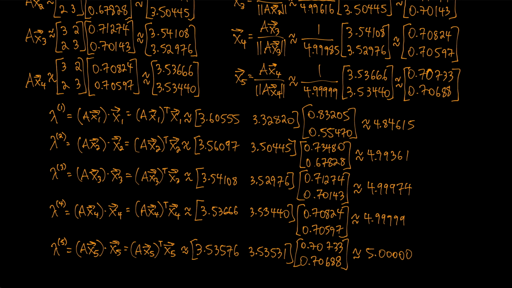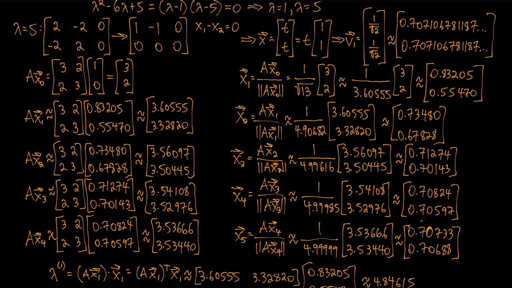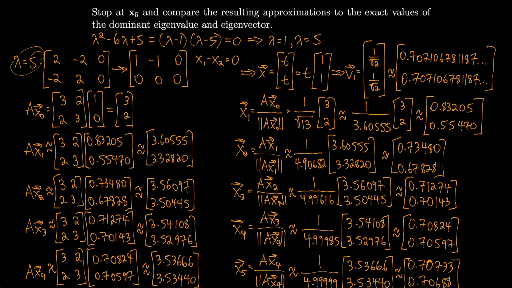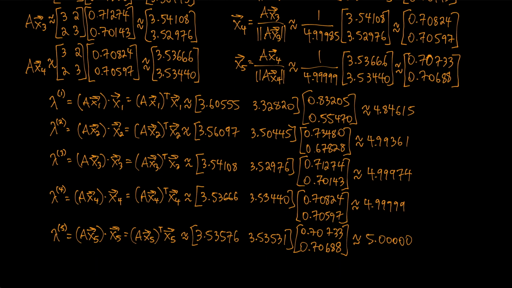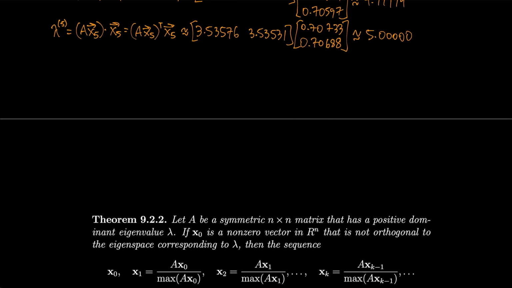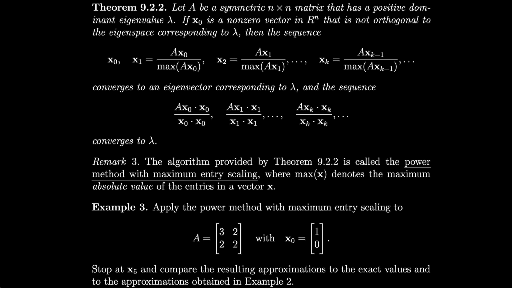So we get an excellent approximation for the eigenvalue lambda equals 5 after just doing the power method 5 times. So it's a pretty cool algorithm. You can see how computers would be pretty great at using it.